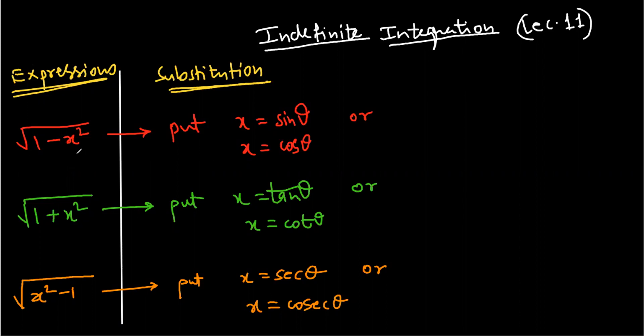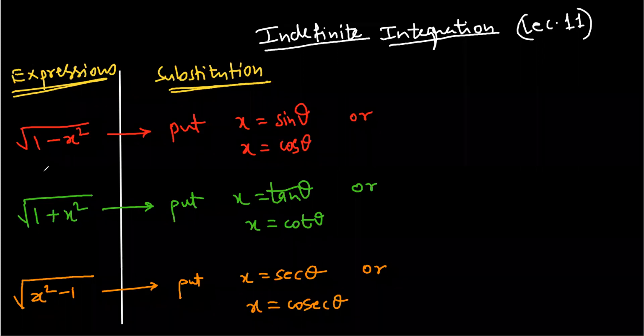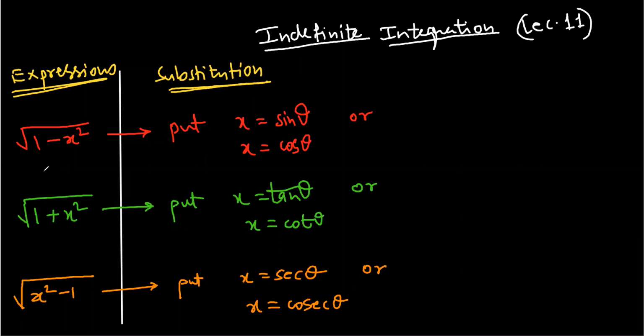Square root of 1 minus x square, this we all know. So students, today we are going to have a small change here. Now what is that change? Let me tell you. If some of you are thinking why we are learning these expressions and substitutions, it is because they are going to help me solve those results, those theories.